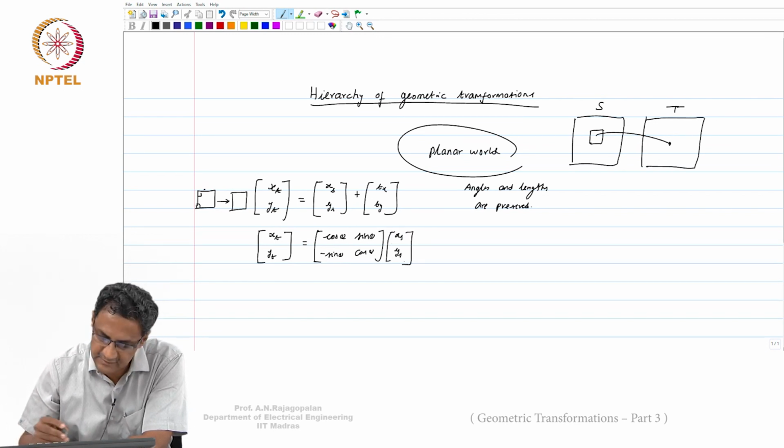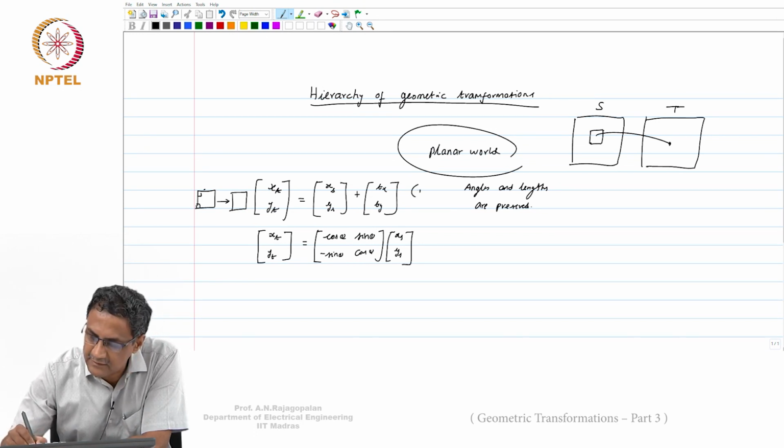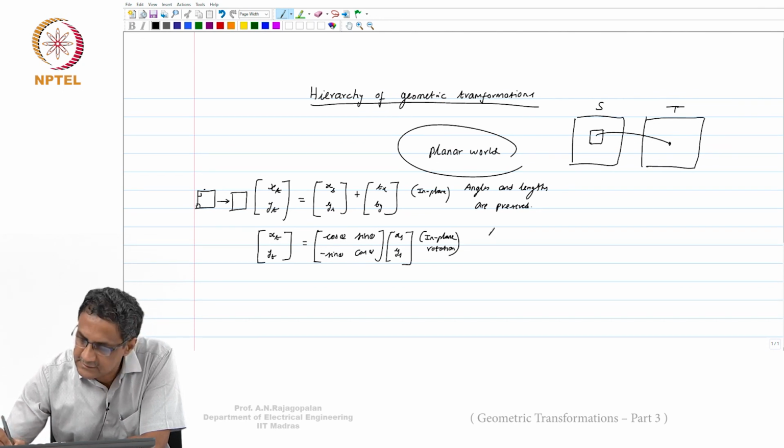This is what we call in-plane rotation. Last time I wrote down in-plane translation, and this is also in-plane rotation. And what does it keep? Angles are actually preserved.